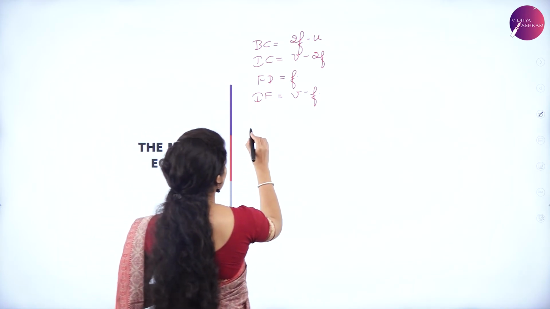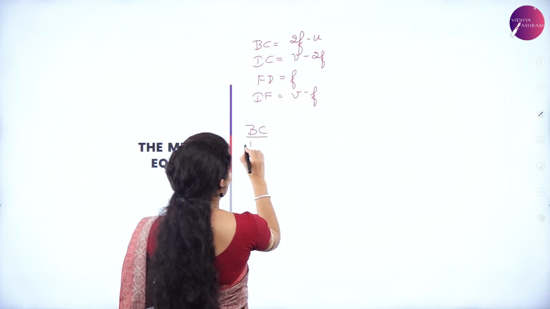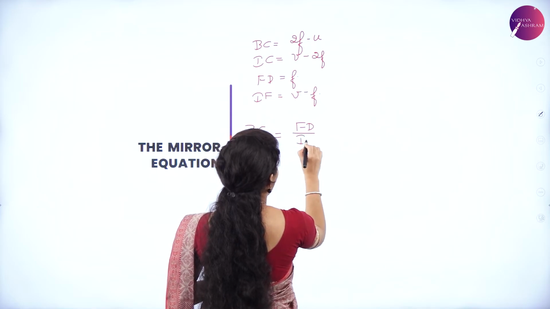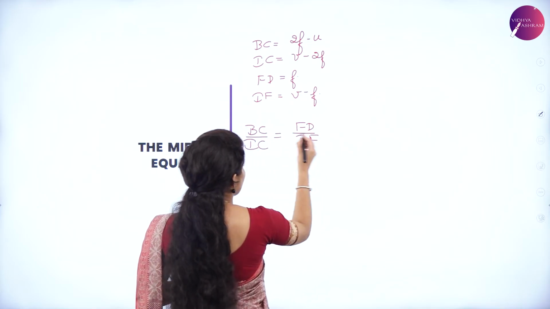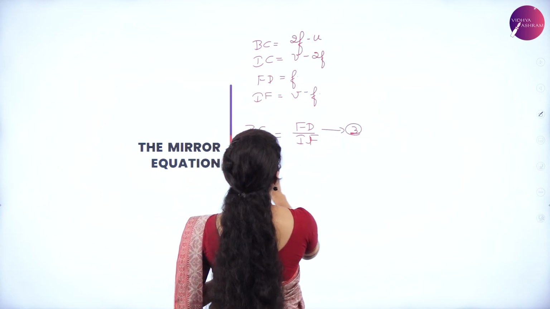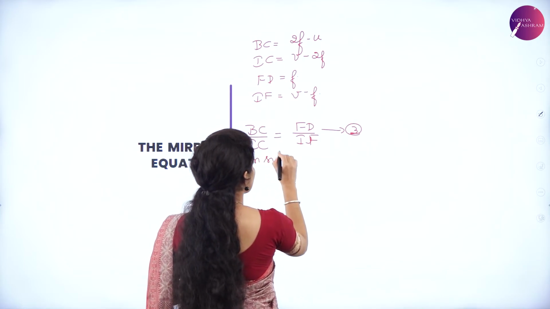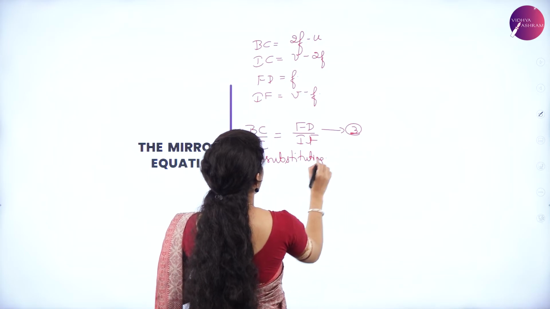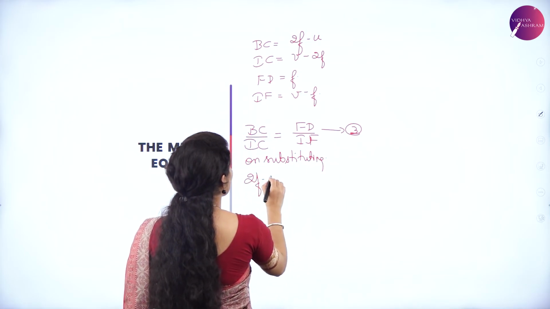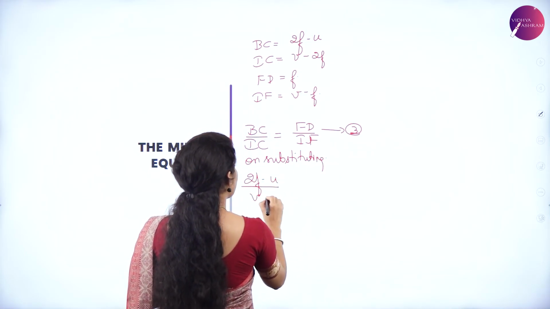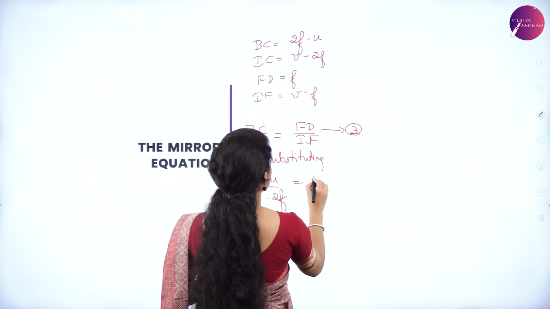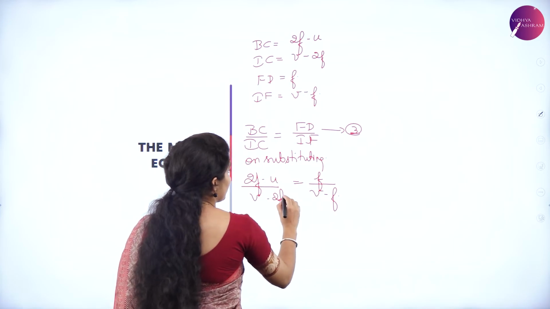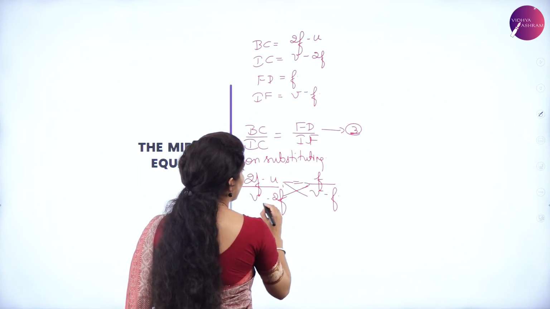Equation 3, I am rewriting over here: BC divided by IC is equal to FD divided by IF. Substituting, I have 2F minus U divided by V minus 2F is equal to F divided by V minus F. Let me just cross multiply.